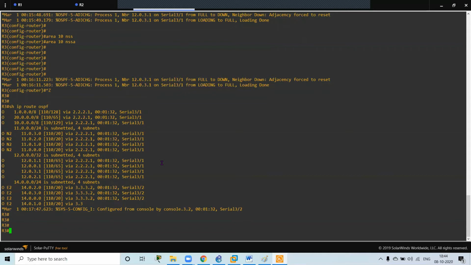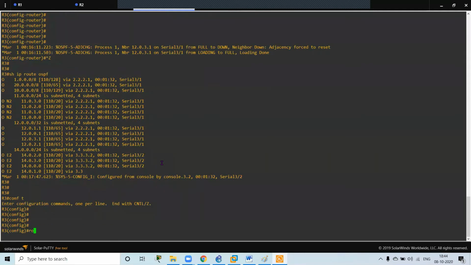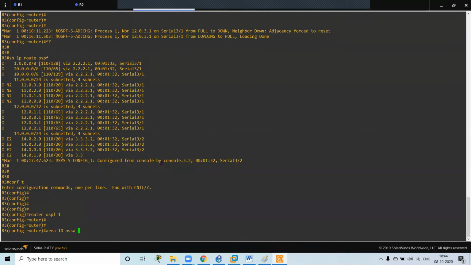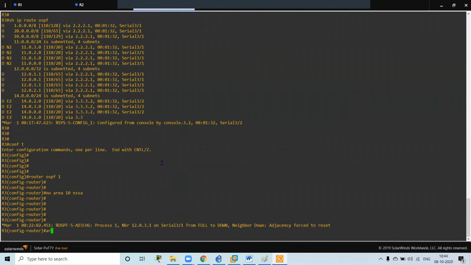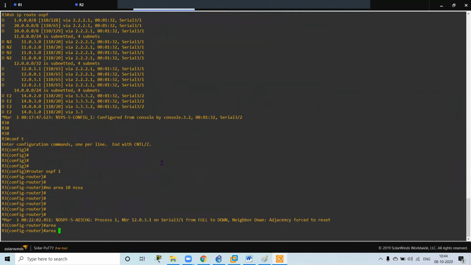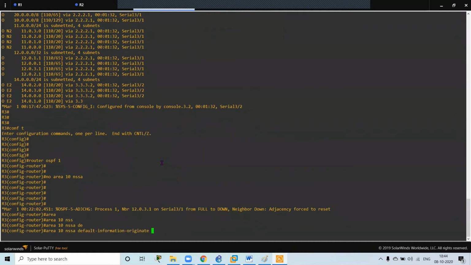You have to give a command over here. First you have to remove the NSSA command you have given. The best practice is to remove the command and then give the new command. Okay, the command is still the same, area 10 NSSA, and here you have to give default-information originate.